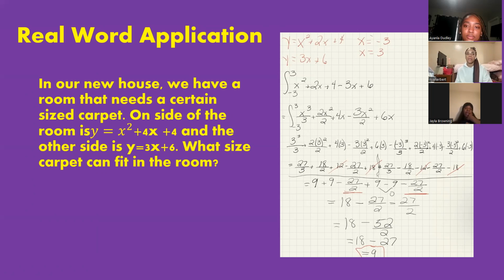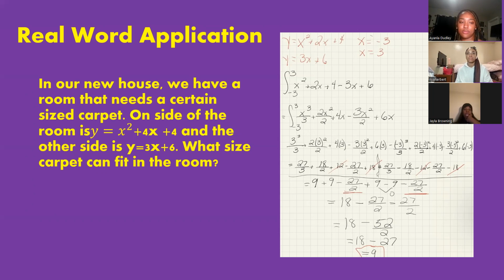That is 15 plus 4. That is 19. So we know x squared plus 2x plus 4 is the largest function. So the integration from negative 3 to 3 of x squared plus 2x plus 4 minus 3x plus 6.